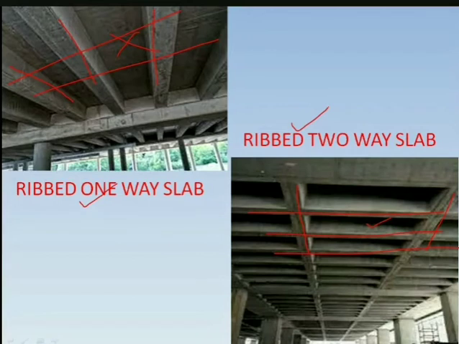Just observe what type of slab they might have given there. So this is your one-way ribbed and two-way ribbed slab.